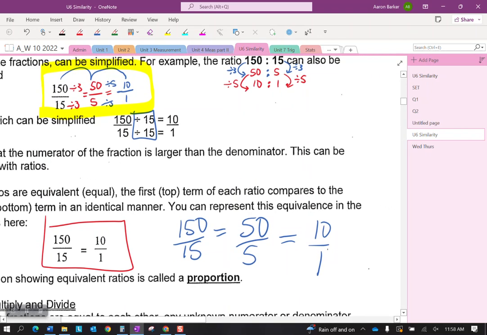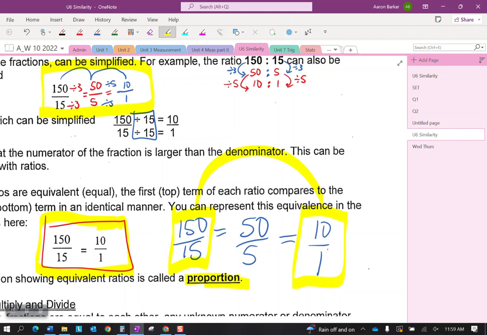So this is a 3 fraction proportion. What they did is they just simply took the first one and the last one and made those equal to each other, since they're all equal. But all 3 of those fractions have the same value. That's why the equal sign is there. They all have the same value. Okay. Any questions?